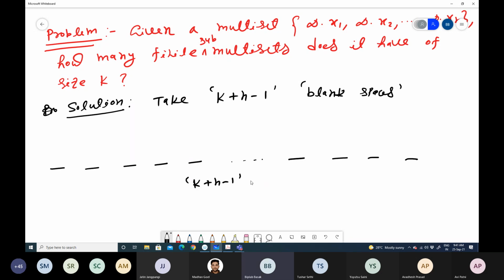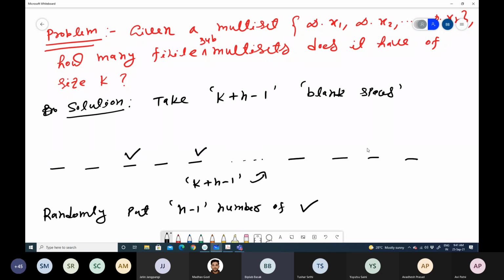Now just randomly put n minus 1 number of, say, star or check symbols. Suppose you put this is 1, this is 2, and similarly somewhere this is the n minus 1 position. Just randomly put n minus 1 number of star or check symbols.